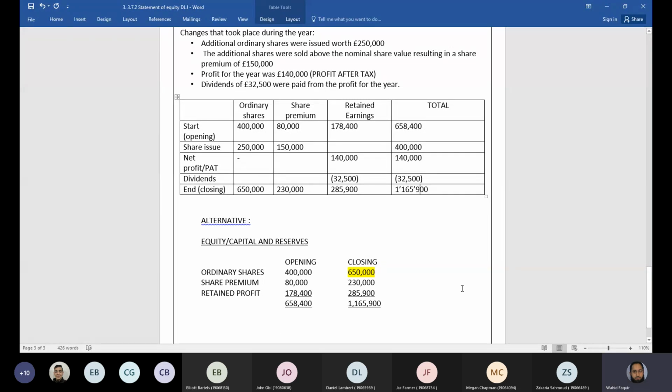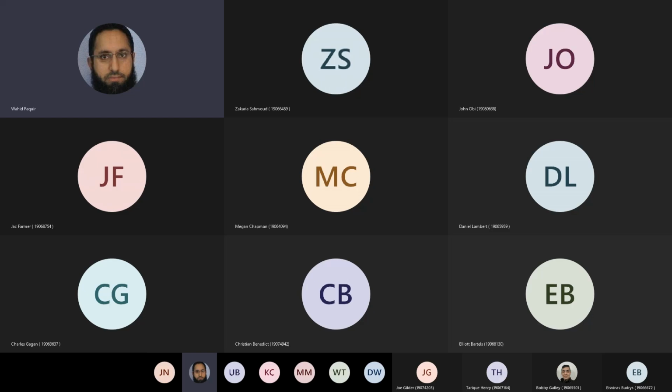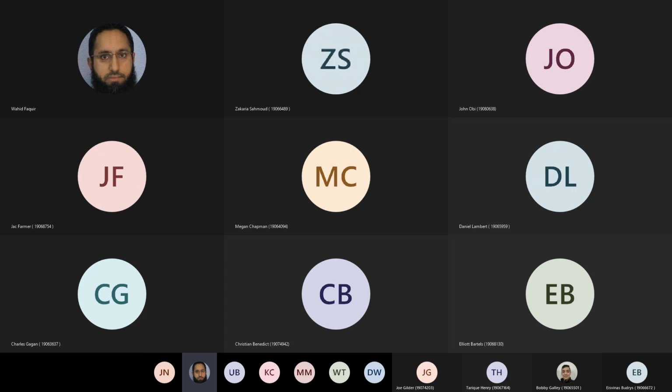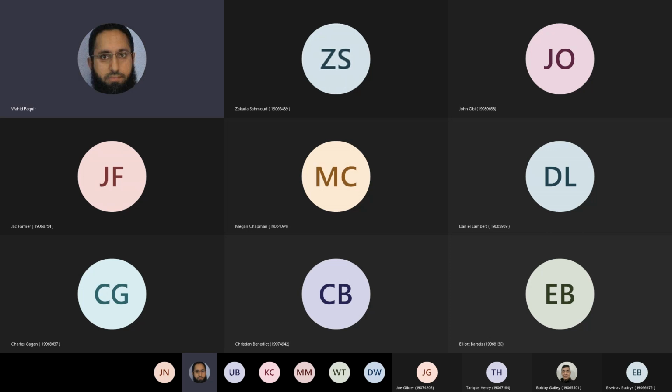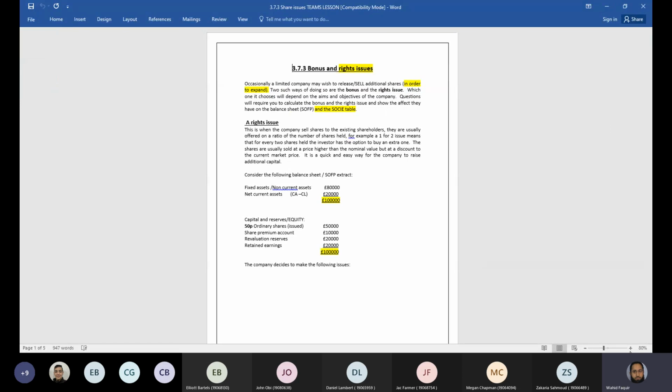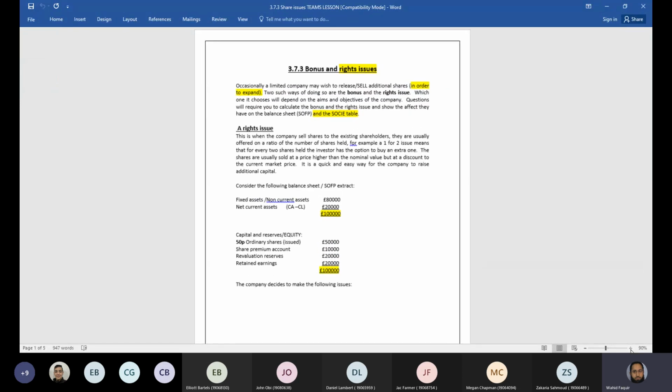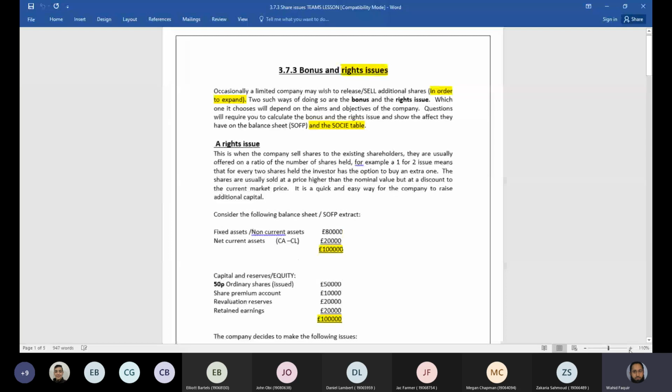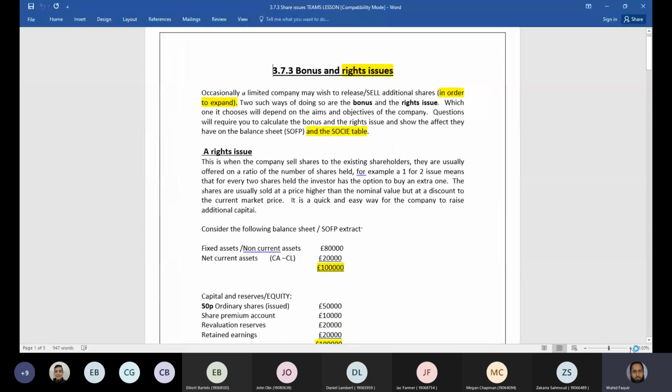Okay, let's move on to document 373. So we're gradually building up to more and more difficult SOCIE tables, but the principle is the same.